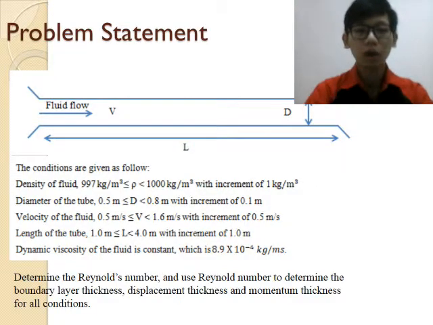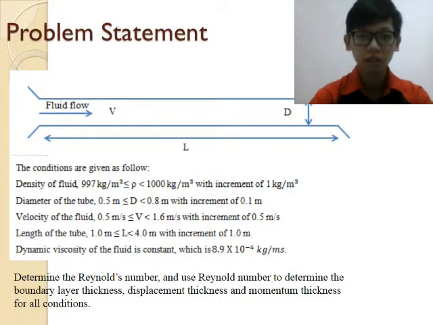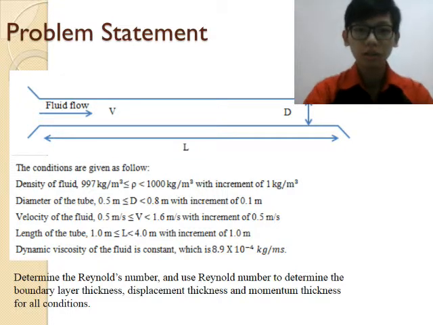So next, we move to the problem statement. The figure below shows the problem, which includes the fluid flow through a tube, and the conditions are given as follows. The density of the fluid is varied from 997 to 1000, with an increment of 1.